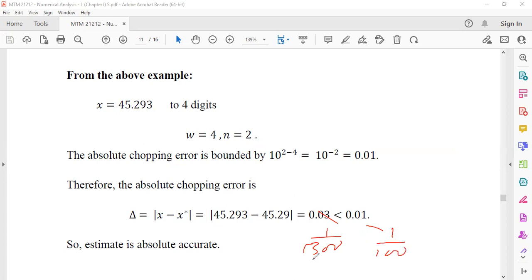If the denominator is bigger, the answer will be smaller. Sorry, not 1 over 300. So it should be like this. Okay, there is a mistake. Okay, someone has answered, good.